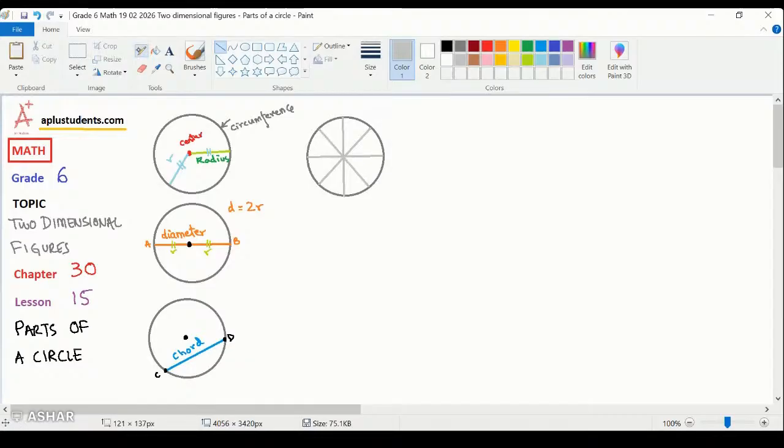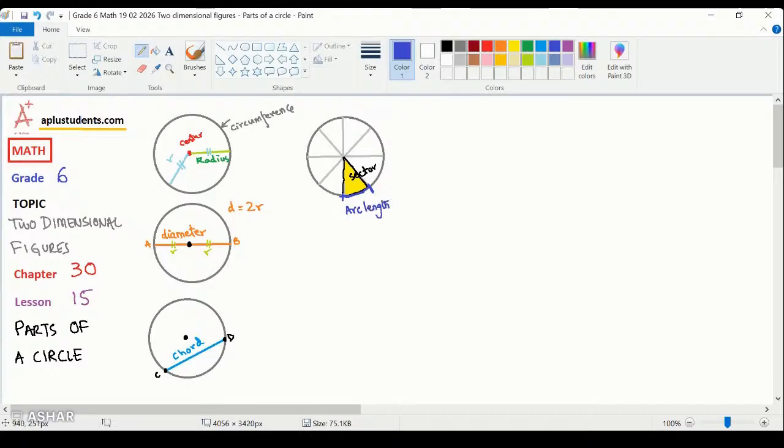If I shade one of these slices, this slice of the circle is known as a sector, whereas the outer length from this point to this point is known as the arc length.